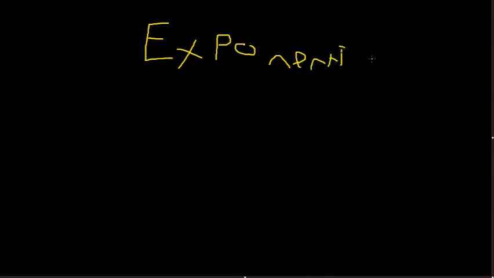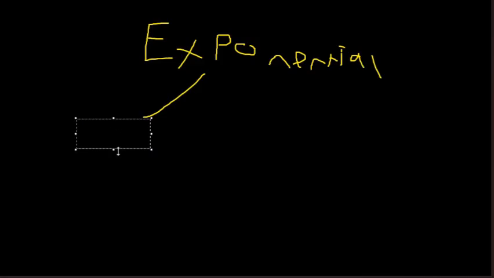Similar to linear functions, we're going to first go over what an exponential function is. So I'm going to write down exponential. All right, here we go. First, the main definition.